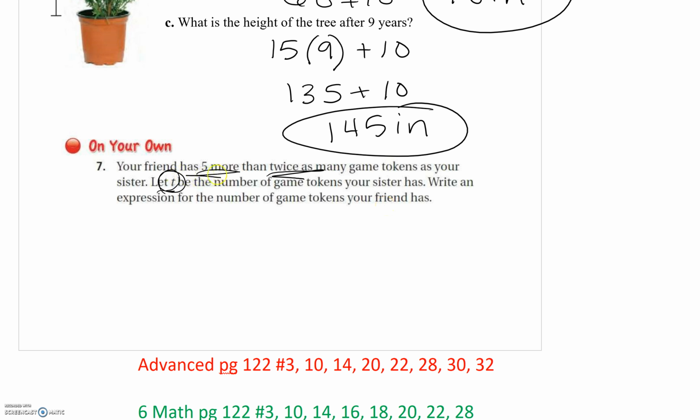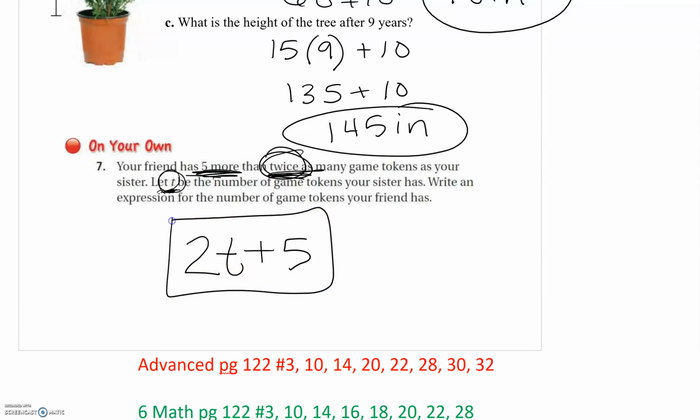So your friend has 5 more, so that's adding 5, then twice as many tokens as your sister, and T represents the number of tokens your sister has. So I'm going to have twice, that's going to be multiplication by 2, times however many tokens sister has here. So 2t plus 5 is going to be my expression.